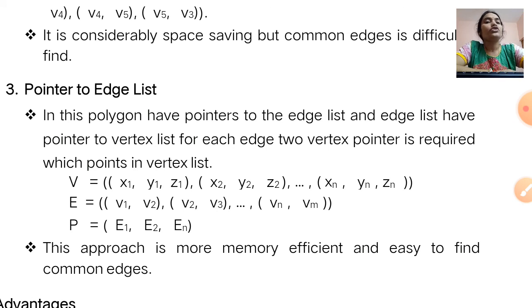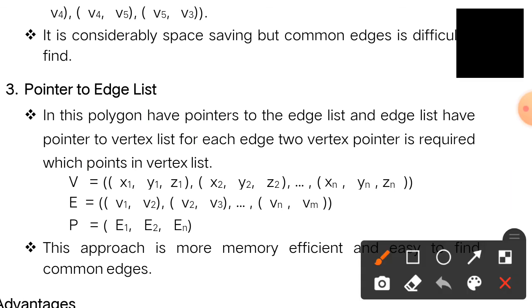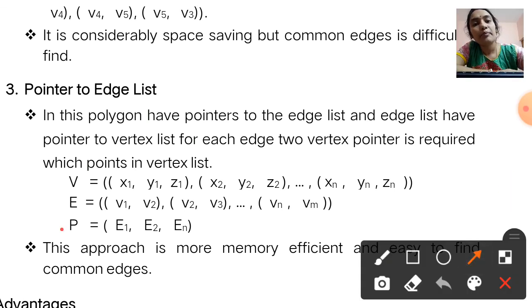And the last one is your polygon. In the polygon, E1, E2 up to En number of edges are stored. So the polygon has pointers to the edges, then the edges have pointers to the vertices.